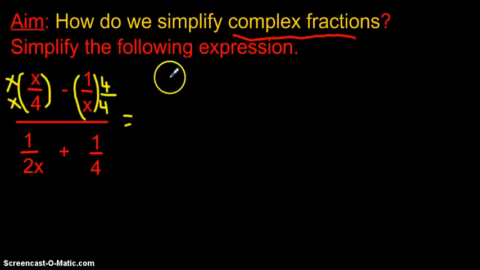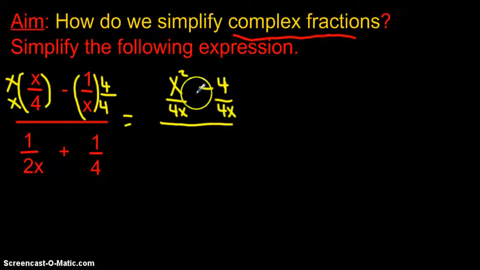And now we get x squared minus 4 over, here I'm skipping steps, let's not do that. x squared minus 4 over 4x, and 4 over 4x.